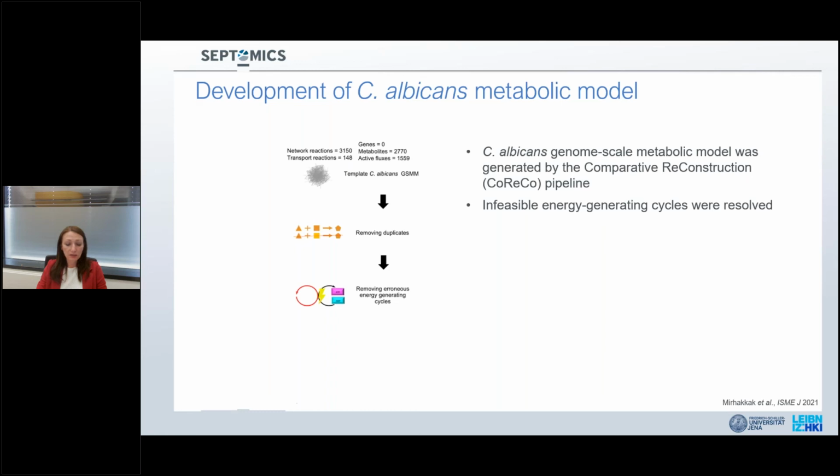And next, what they did is to resolve the invisible energy generating cycles, which created, for example, energy compounds such as ATP without requiring nutrient uptake. And by either changing the metabolite usage or reaction directionality, based on the TEC or BioSys information, they were able to correct for several reactions.